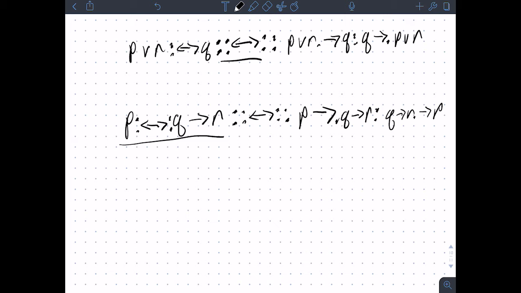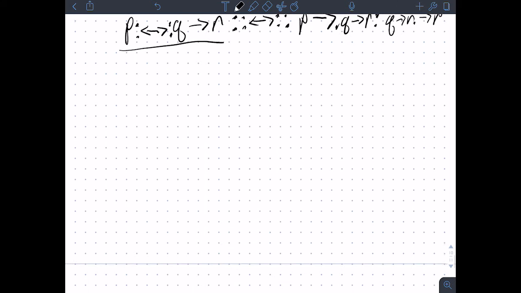Right. There's another rule that we use to get rid of biconditionals. You only really need to know one if you know all the other rules, because if you use one, you can get the other form through some more applications of equivalency laws.